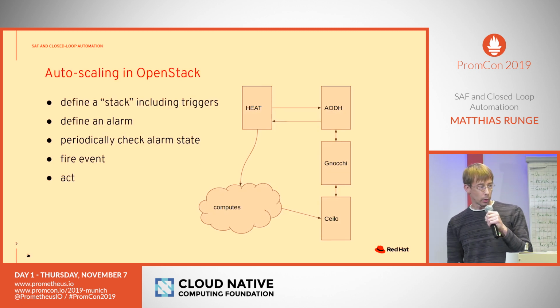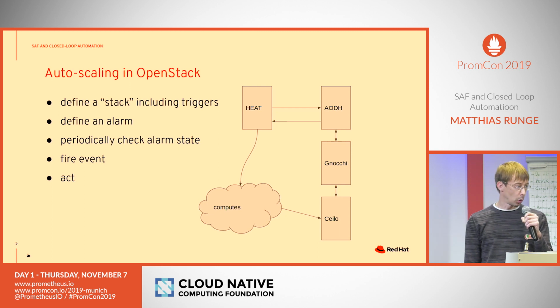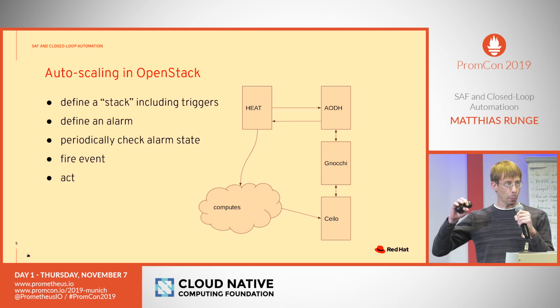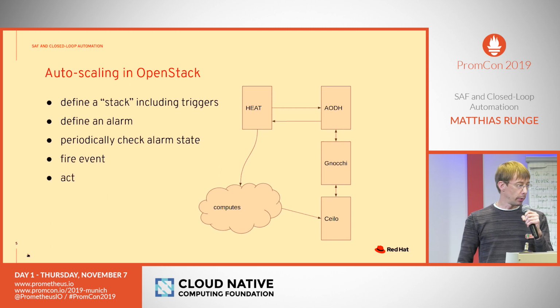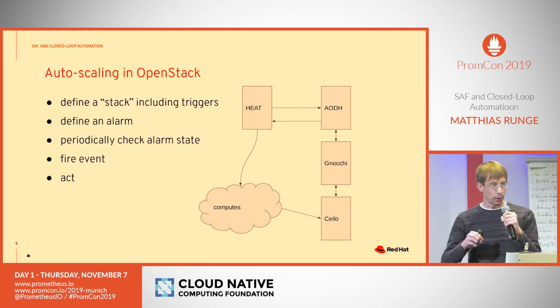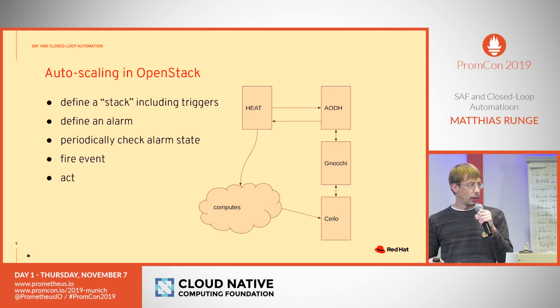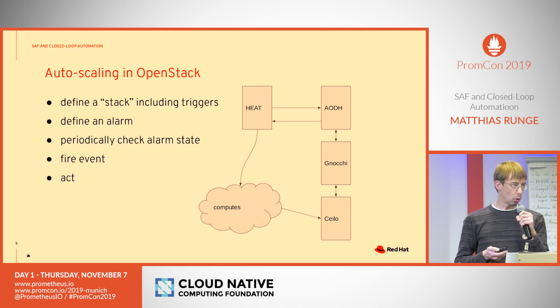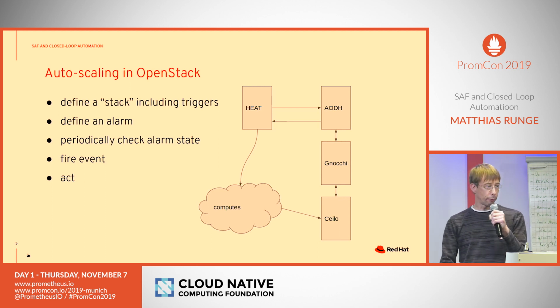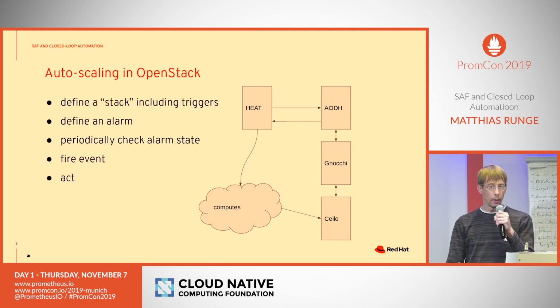So what has it to do with OpenStack? In cloud environments, you would also want something like autoscaling. And since the core components in OpenStack are a bit slow or a bit of a pain, the idea was to rip out AODH or Gnocchi and replace it with Prometheus and Alert Manager.